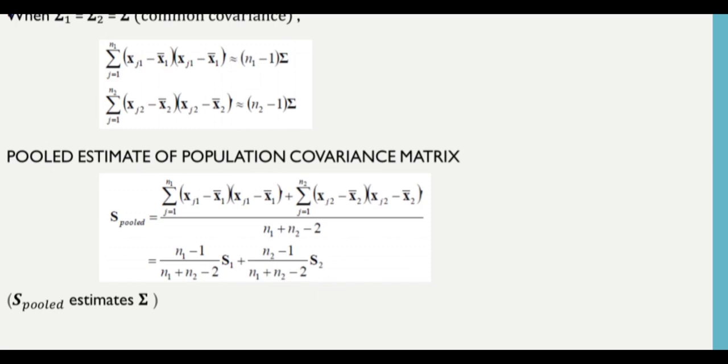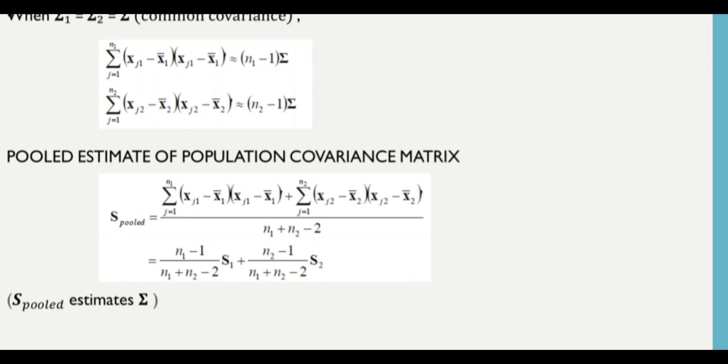You just need to memorize the formula of S pool, which is the estimator for big sigma: n1 minus 1 divided by n1 plus n2 minus 2 multiplied by S1, plus n2 minus 1 over n1 plus n2 minus 2 multiplied by S2. S1 is the variance covariance matrix for the first population, and S2 is the sample variance covariance matrix for the second population that we estimated before.